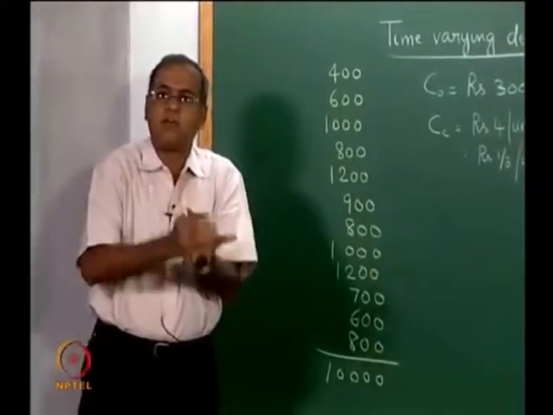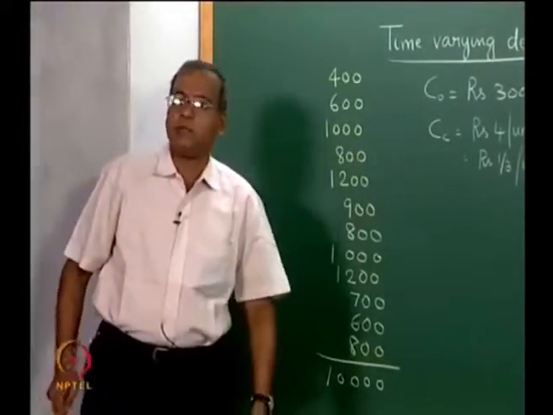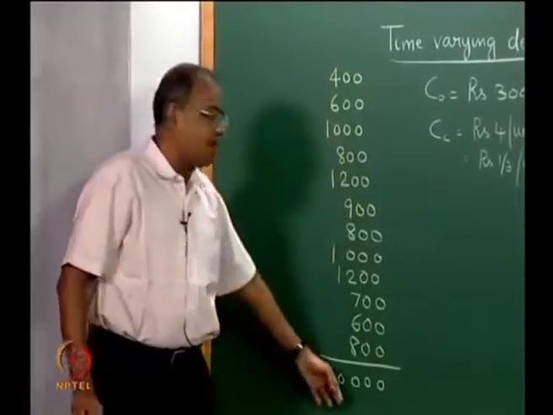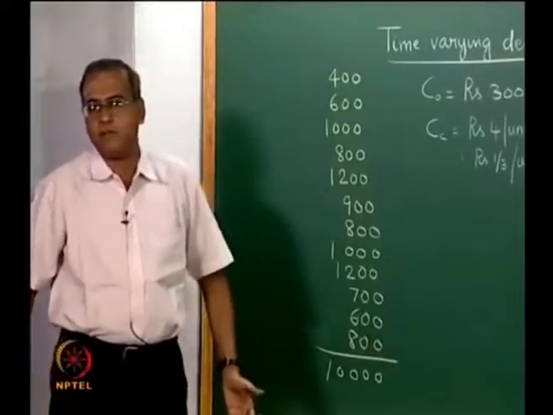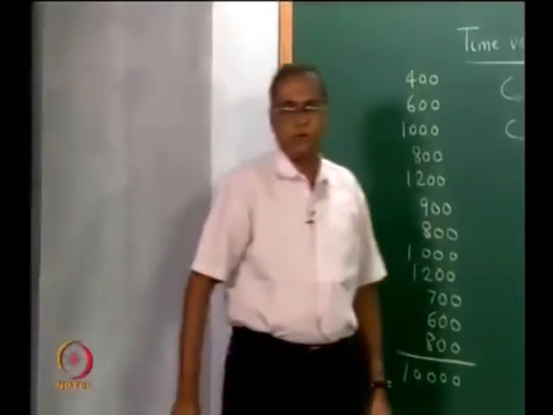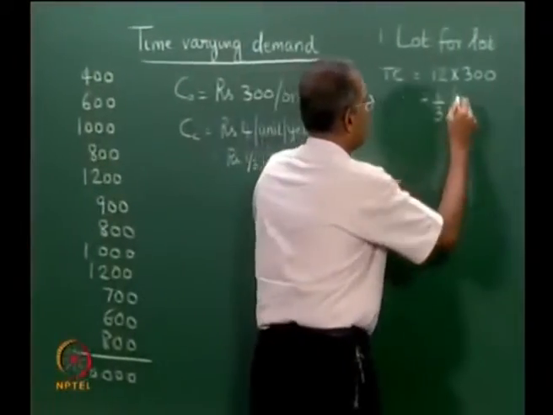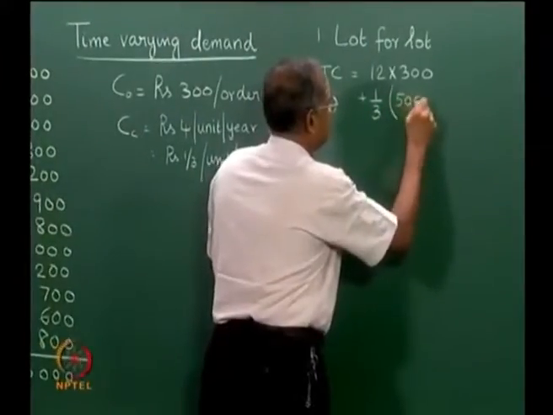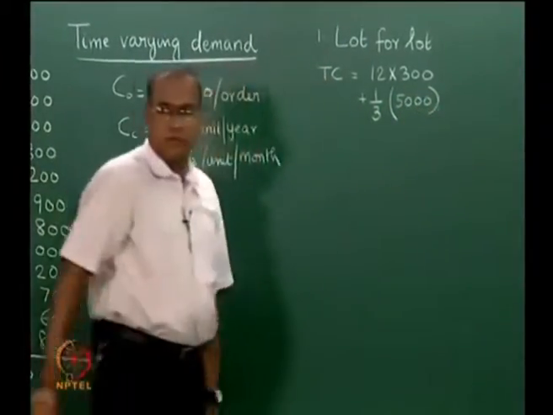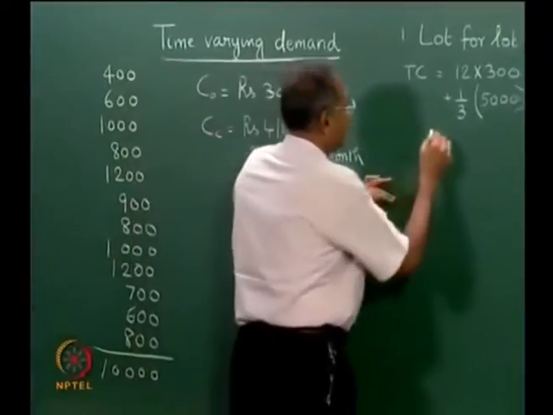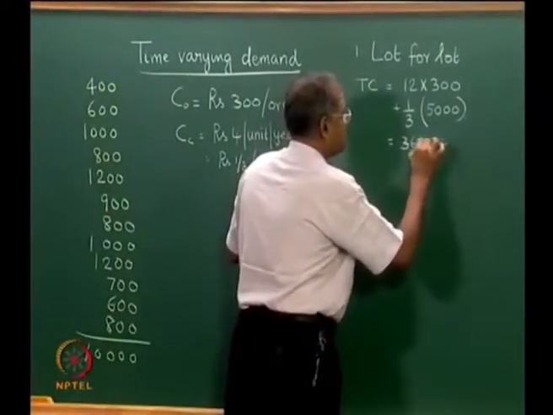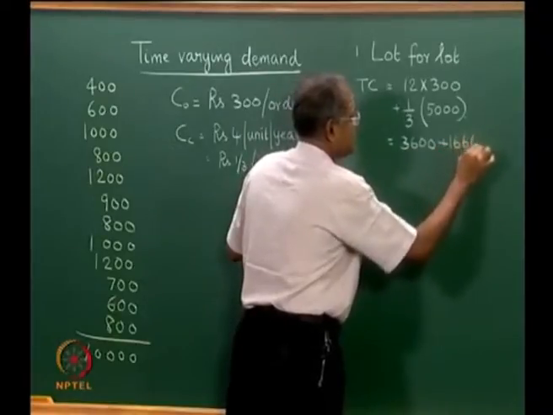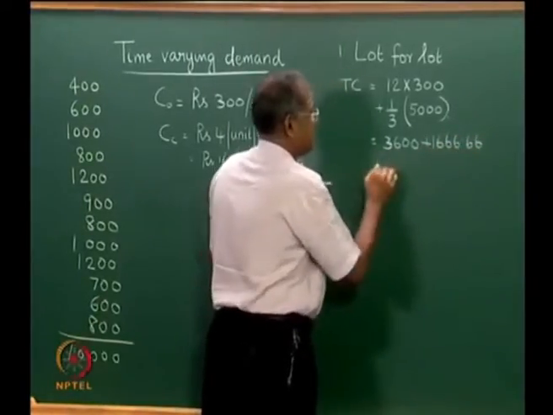So, total sum of the average inventories over the 12 months, the total demand being 10,000, the sum of the average inventory will be 10,000 divided by 2, which is 5,000. So, 1 by 3 into 5,000. This would give us a total cost of 3,600 plus 1,666.66.